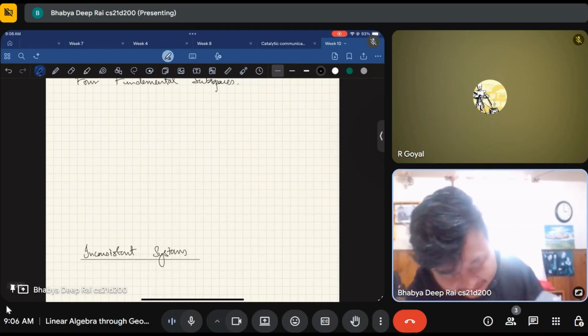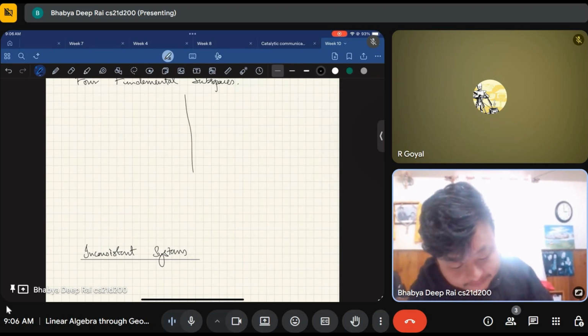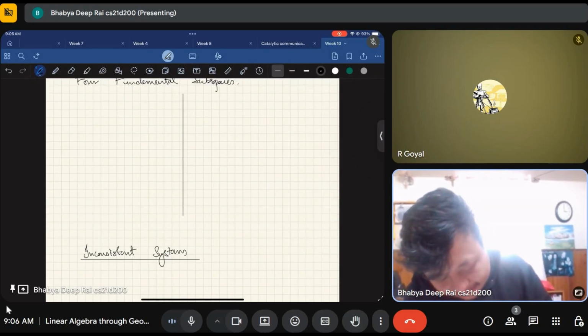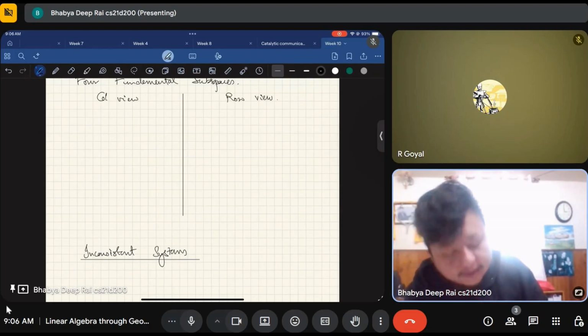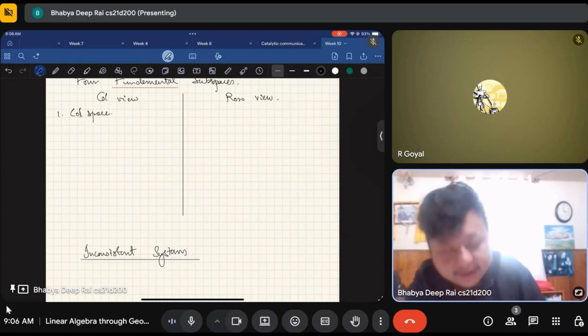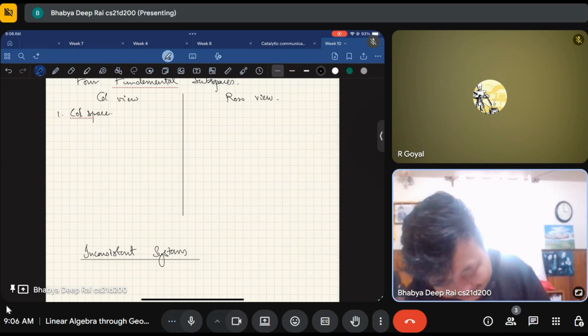the best way to look at it is to categorize them into two parts, and they are quite similar in that regard, that you look at the column view and the row view, okay. So what does column view mean? The first type of subspace is the column space, which is just the space spanned by the columns.